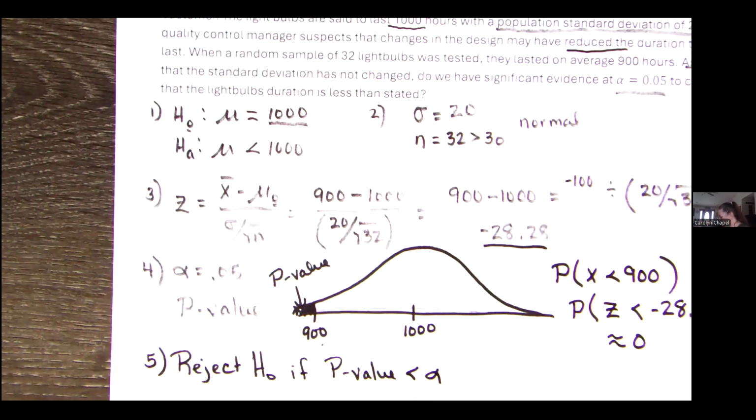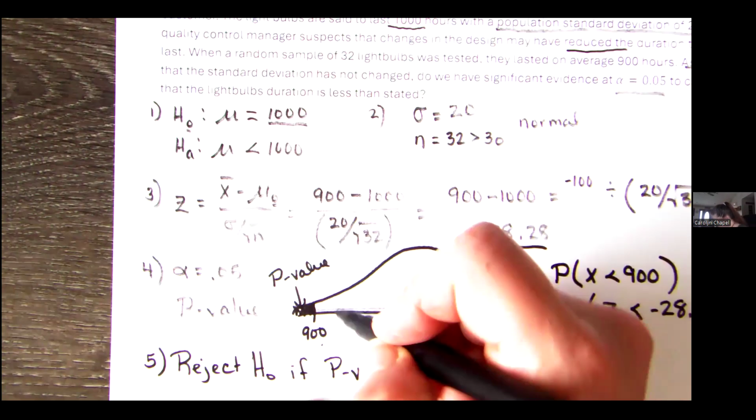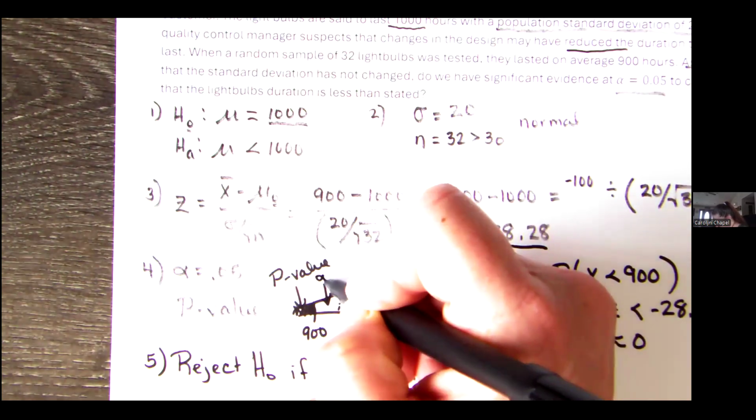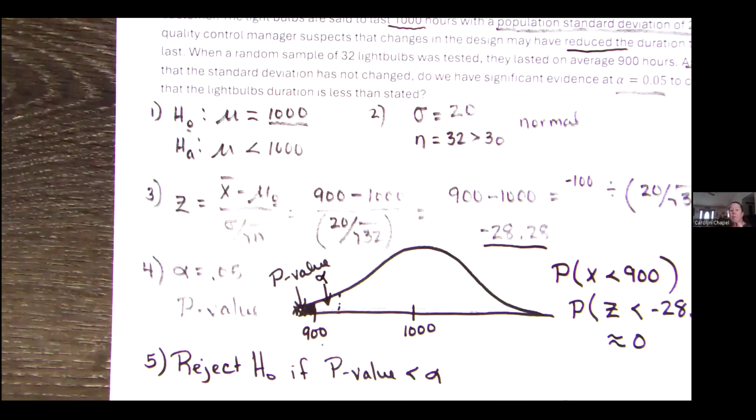So if our p-value is smaller than the alpha, we will reject H naught, because basically our alpha is setting up our boundary. So alpha is the area in the tail for our boundary. And if our p-value is smaller, that means that it is in this area down here. I like to think of it as almost like a rejection area or rejection region.